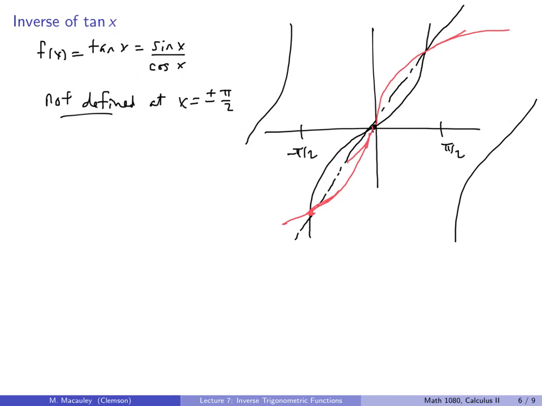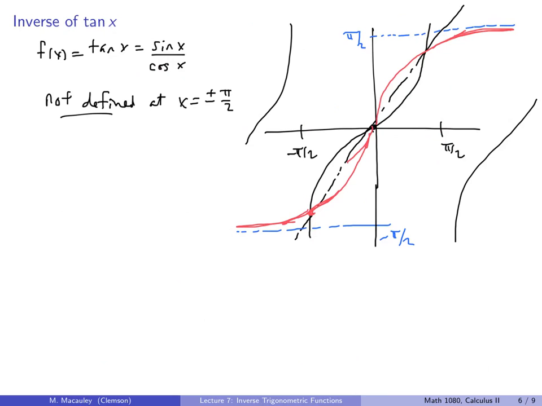Maybe I should have drawn that a little more accurately. That asymptote is going to be at pi over 2, and this asymptote down here is going to be at negative pi over 2. And that's complementary to these vertical asymptotes of plus or minus pi over 2.